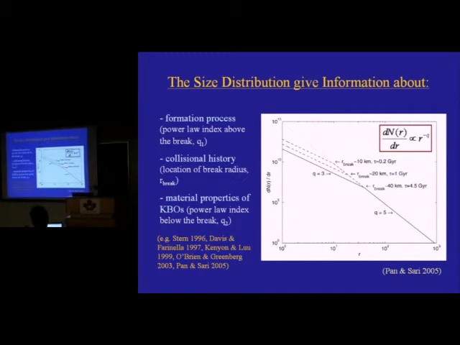This size distribution is usually parameterized by dN/dR, the number of objects per radius, and it's proportional to the size to the power of minus q, where q is the power law index.